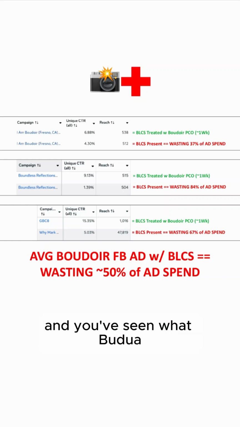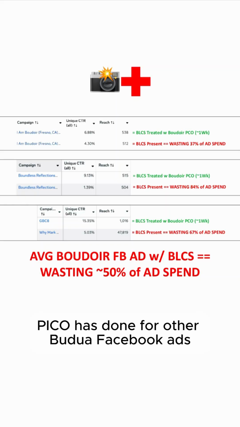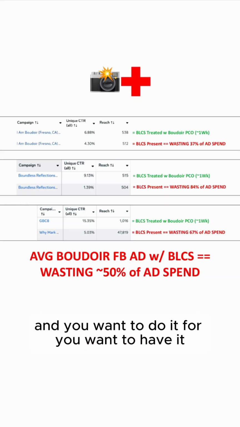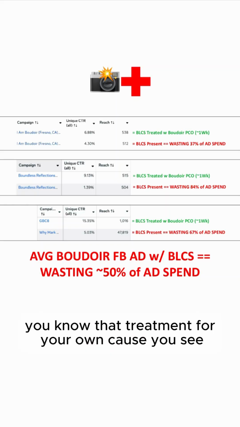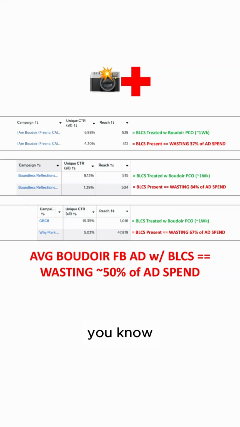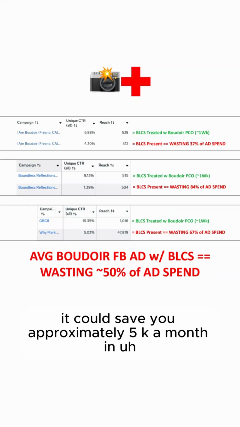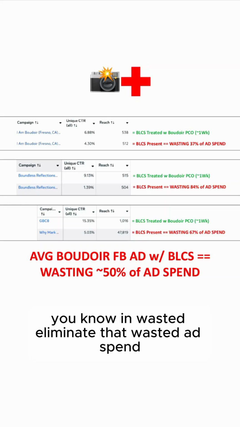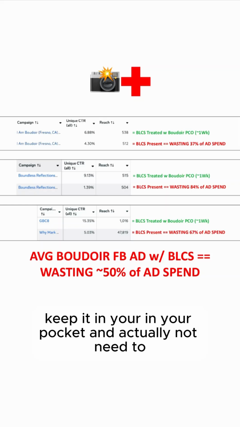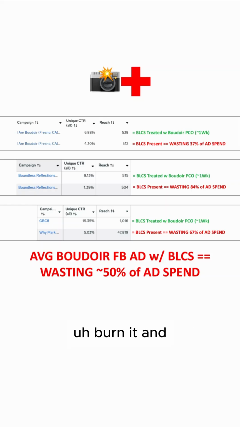And you've seen what Boudoir Pico has done for other Boudoir Facebook ads, and you want that treatment for your own, because you see it could save you approximately 5K a month, eliminating that wasted ad spend, keeping it in your pocket and not needing to burn it.